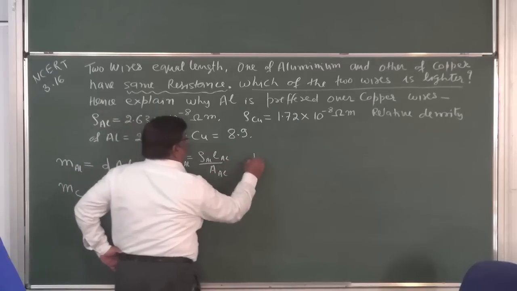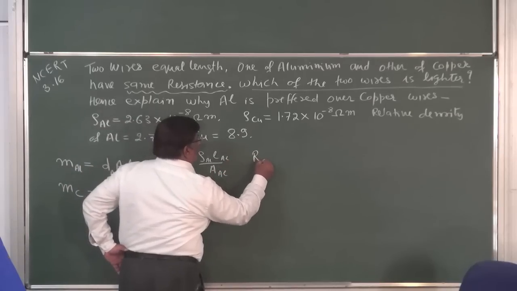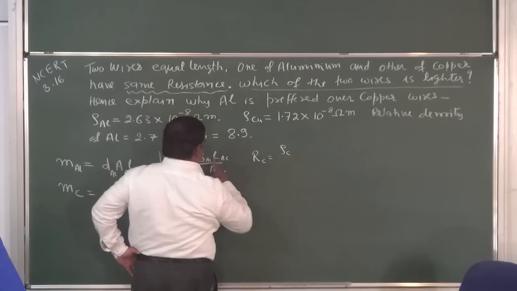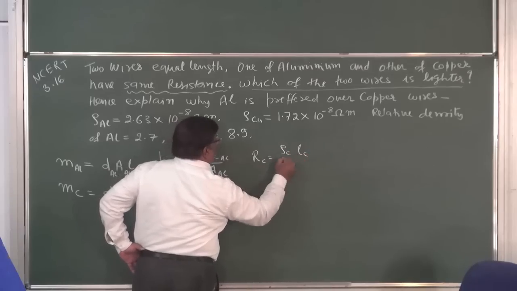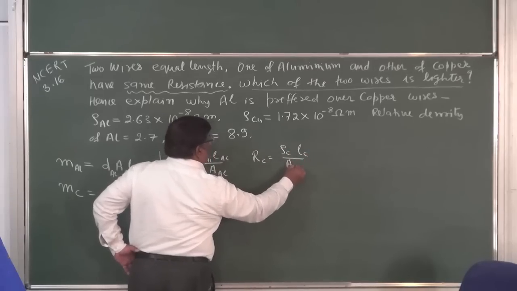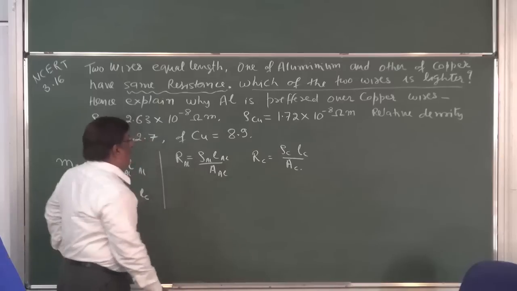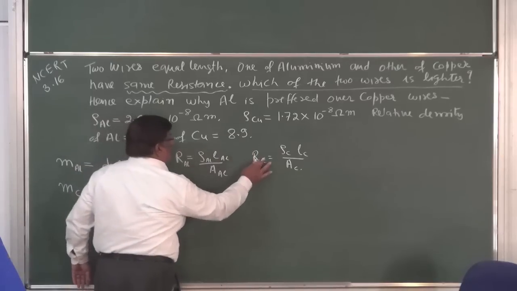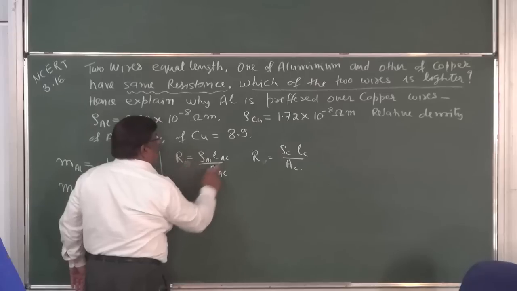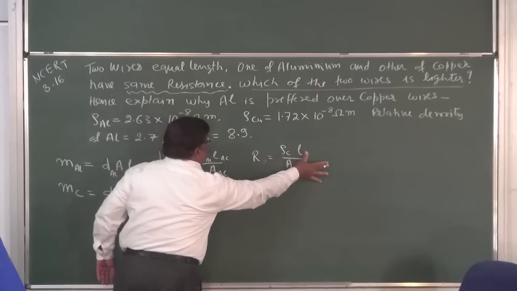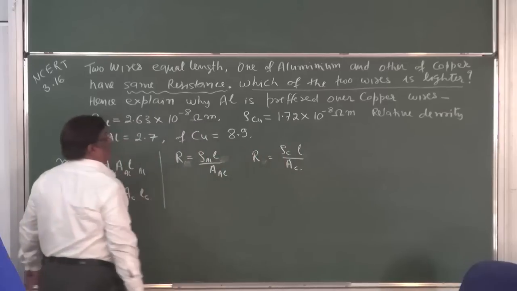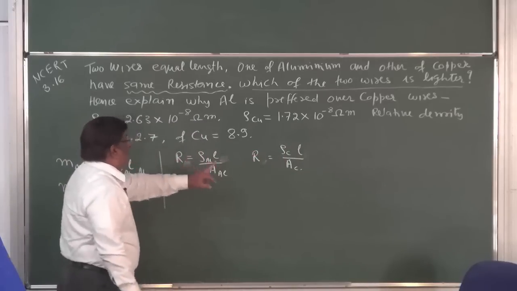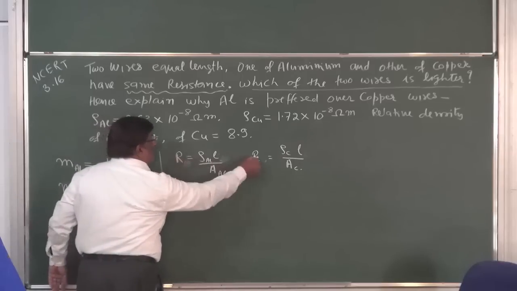For copper, it is rho copper, length copper, area copper. Okay, but they say length is same. So this is equal to this. If we do the cancellations, R is equal to R.